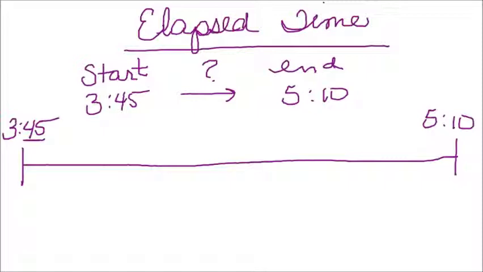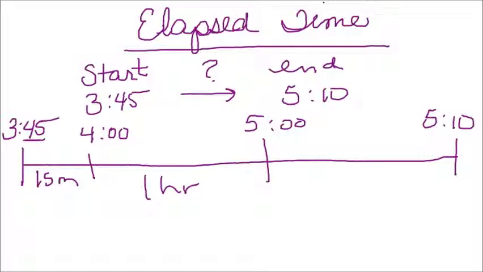So in this case, I think, well, from 3:45, I can add 15 minutes, and that will give me a time of 4 o'clock. Now I can start adding my hours. From 4 to 5, I can add 1 hour, and that's going to give me a time of 5 o'clock.